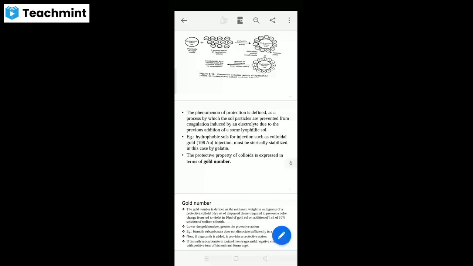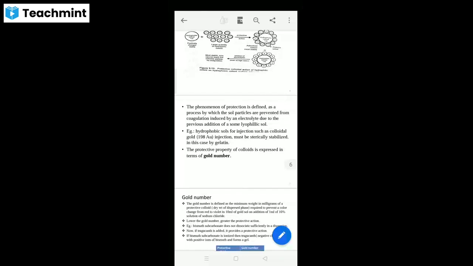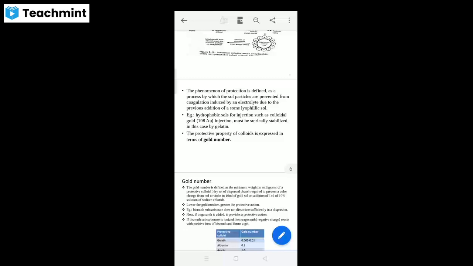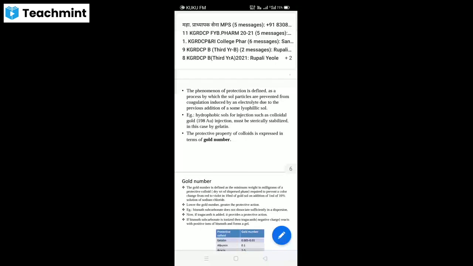Let me tell you, I am taking a very small lecture now, but still it is highly important regarding GPAT, regarding every objective. Is it clear? I am going ahead. So here we came to know how protective action of hydrophobic colloidal dispersion we can get by addition of hydrophilic colloidal dispersion.